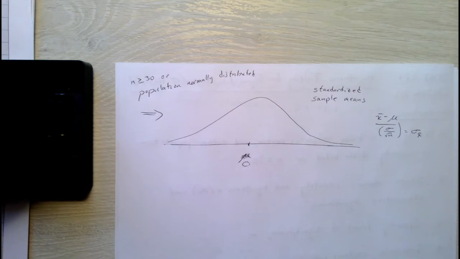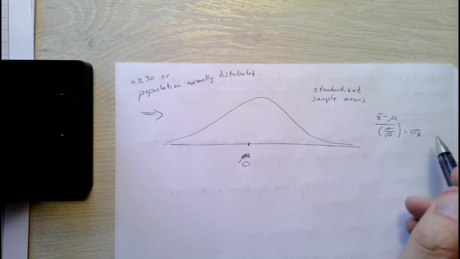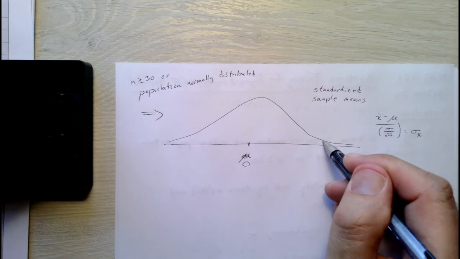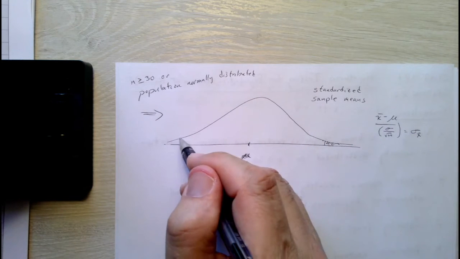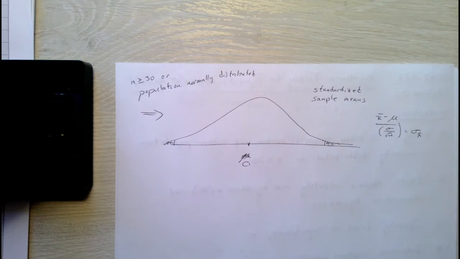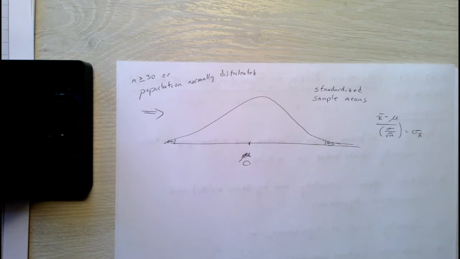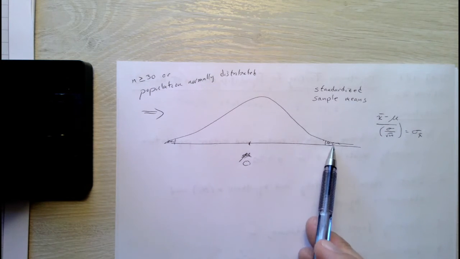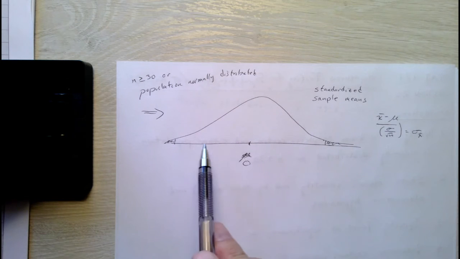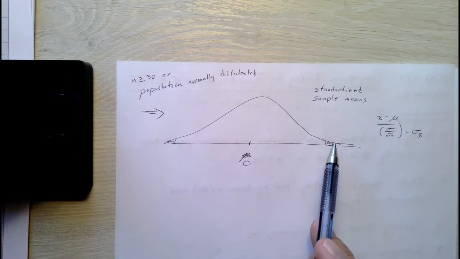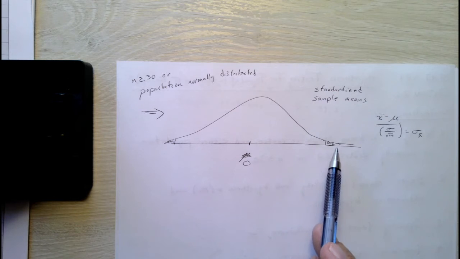So what we're interested in seeing is what happens when this quantity is in a rejection region. Okay, and if this area and this area, let's say, have very small areas, that means small probabilities. That means it's very unlikely that this would fall in here.